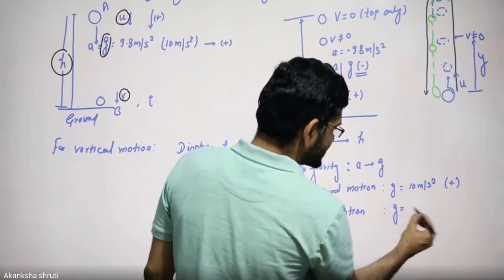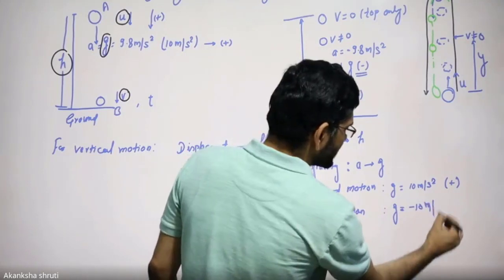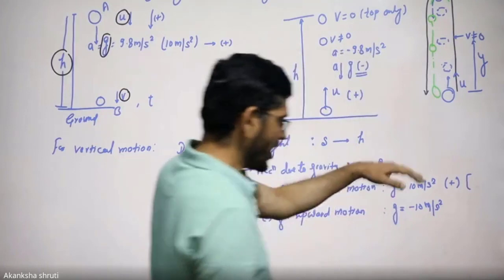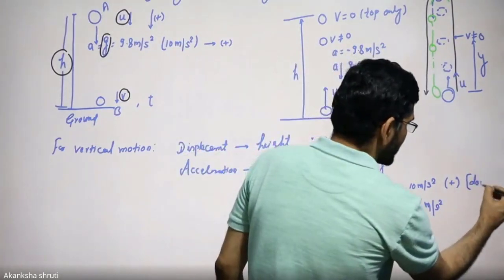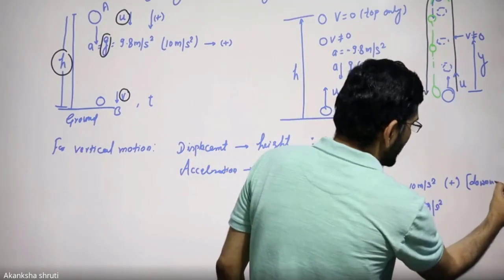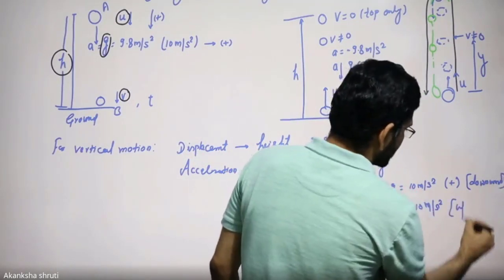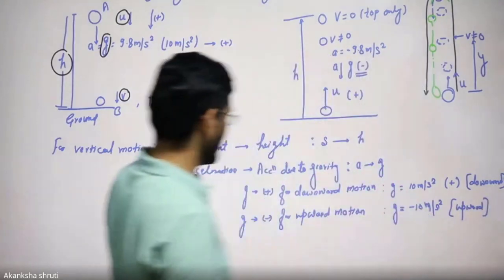But if it is negative, then surely put minus 10 meter per second square. Keep in mind, in the downward direction, g is taken positive. So this is for downward motion, and this is for upward motion. This thing we have to keep in mind.